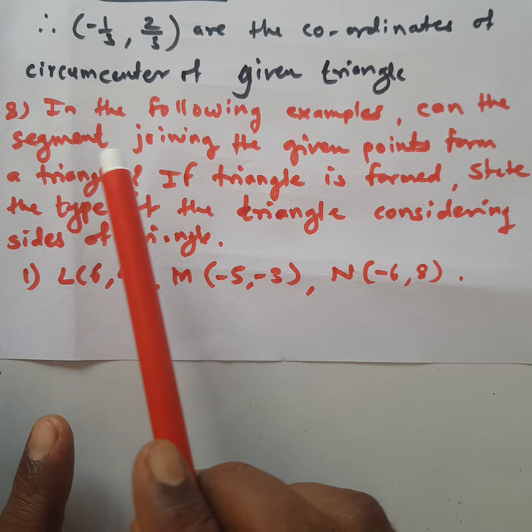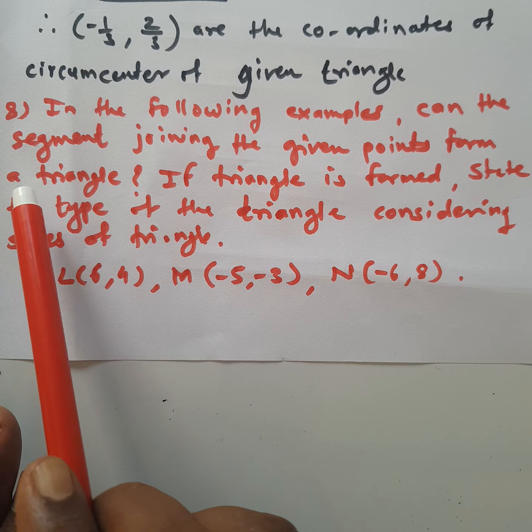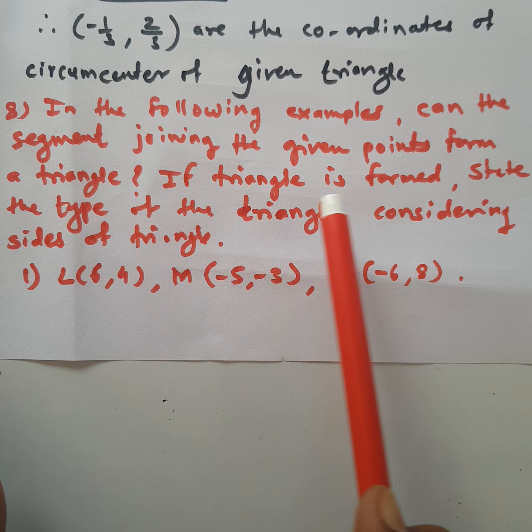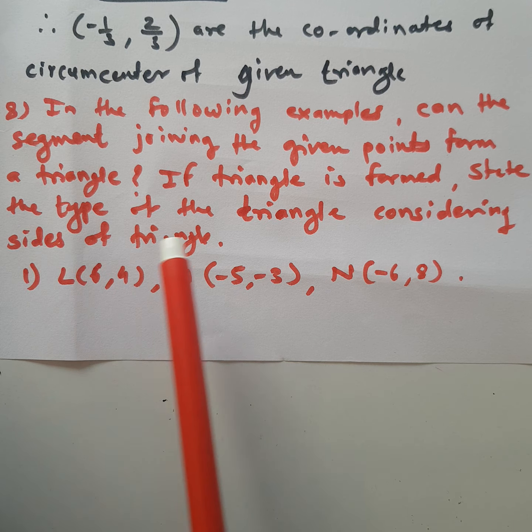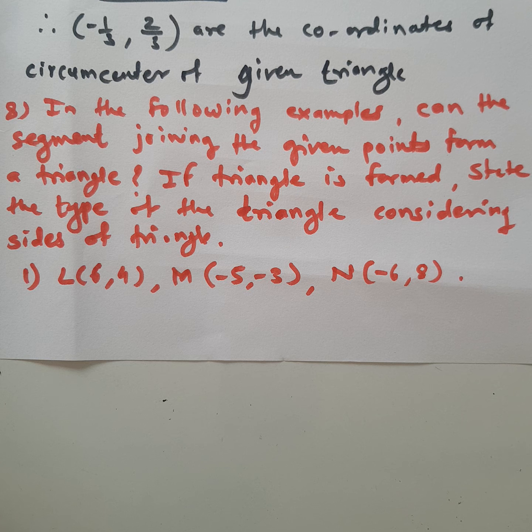Among 3 examples, we will solve example number 1. See the example again. In the following examples, can the segment joining the given points form a triangle? If a triangle is formed, state the type of the triangle considering the sides. By considering the sides of the triangle, we can say it is a scalene triangle, isosceles triangle, or equilateral triangle. Here we have to find the lengths of the sides of the triangle first.